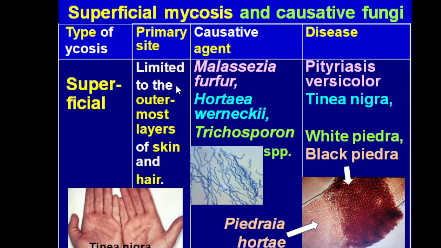Those mycoses are limited to the outmost layer of the skin. And also they may occur on the surface of the hair. You can see how they appear on the surface of the palms, right? And the causative agent is Tinea nigra.